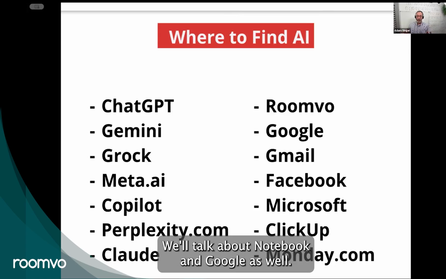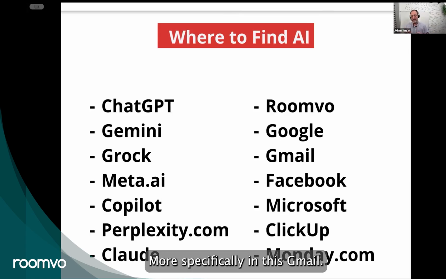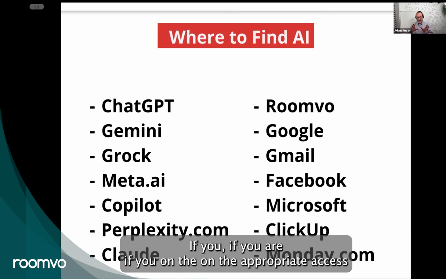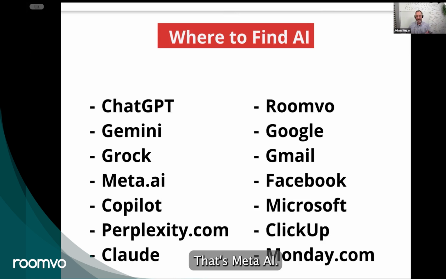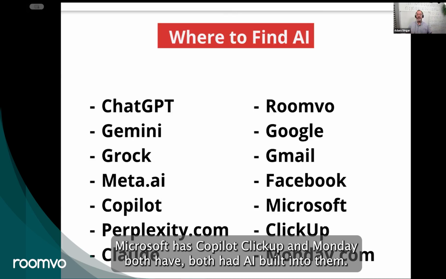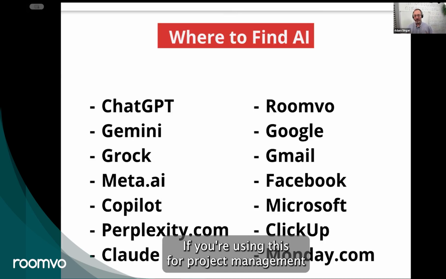We'll talk about Notebook LM in Google as well. It's more specifically in this. Gmail has Gemini built into it, if you're on the appropriate access from your administrator. Facebook has its own AI built into it. That's Meta AI. Microsoft has Copilot. ClickUp and Monday both have AI built into them if you're using those for project management.